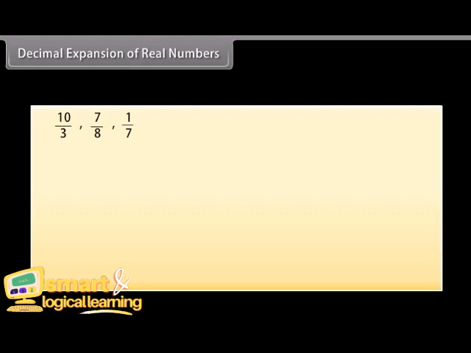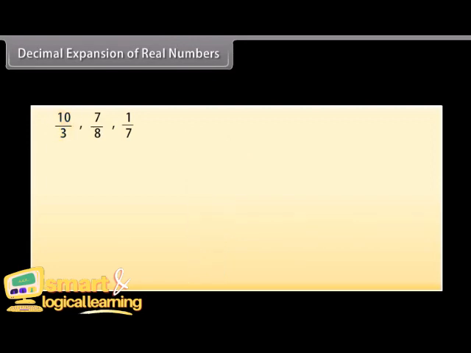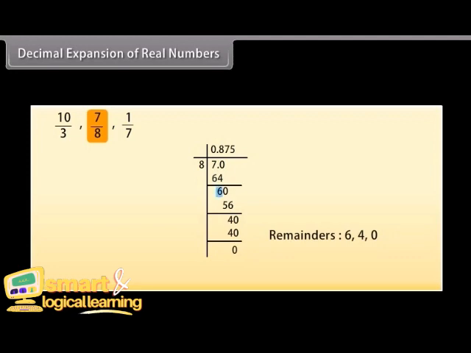Here we can see the decimal expansion of 10 by 3. We get remainder 1, 1, 1, 1, 1. Similarly, the decimal expansion of 7 by 8 gives remainder 6, 4, 0.